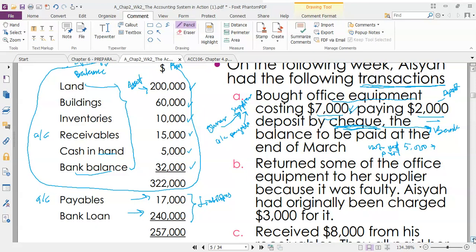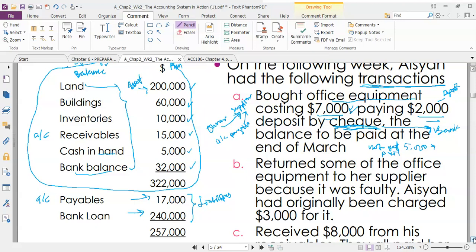So daripada office equipment tadi kita beli RM7,000 kan. So RM2,000 kita dah bayar, tinggal lagi RM5,000. So RM5,000 yang kita berhutang. Tapi masa kita tengok office equipment kita tu, ada barang tu yang rosak.